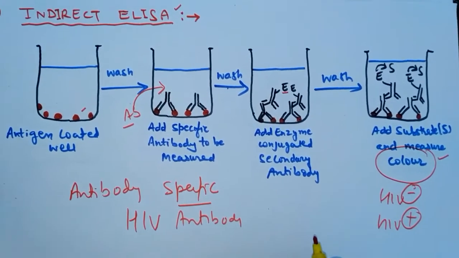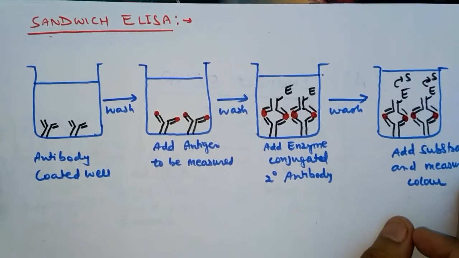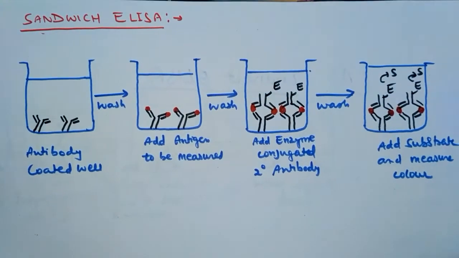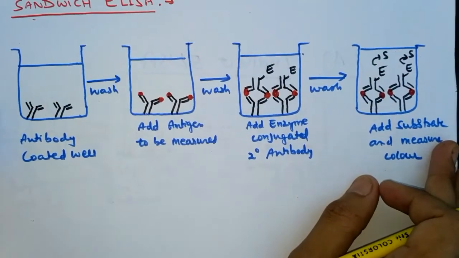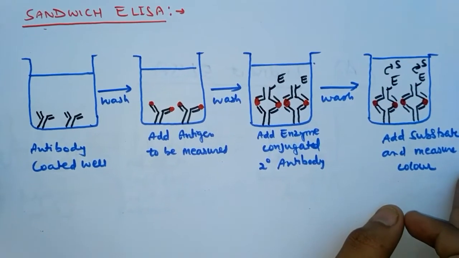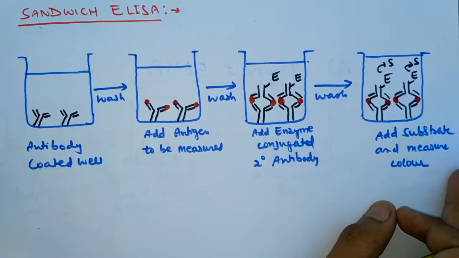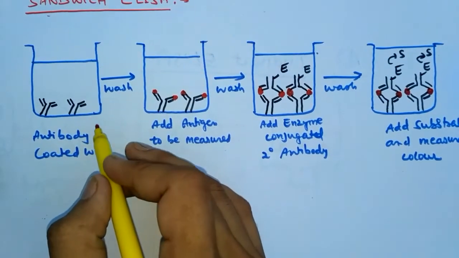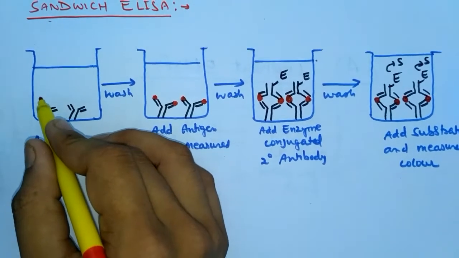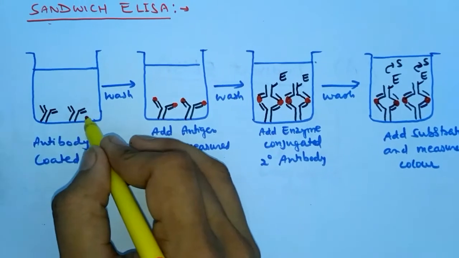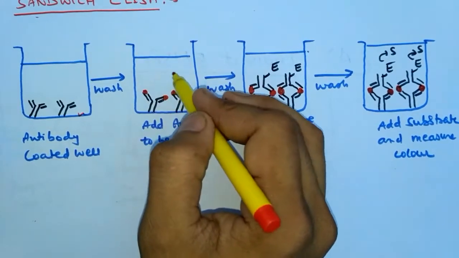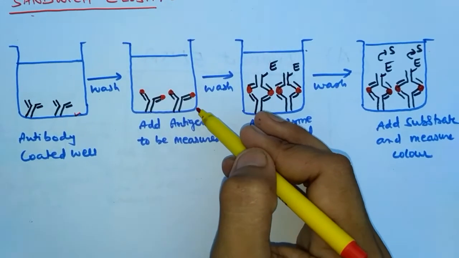Second type of ELISA is sandwich ELISA. Here we identify the particular antigen in this technique. The well is coated with the antibody, and here we are adding serum that is containing the antigen.